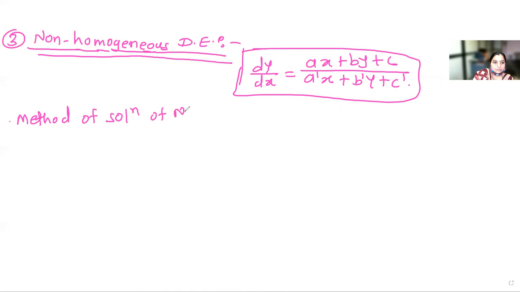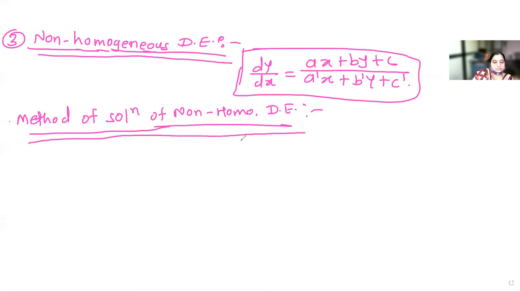There are two ways to solve the non-homogeneous differential equation, based on one condition. First, if the ratio a upon a dash is not equal to b upon b dash.